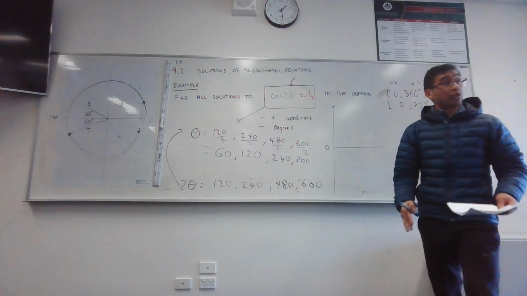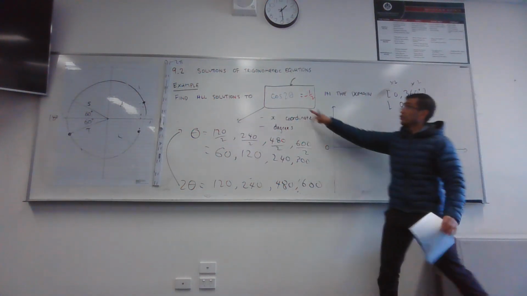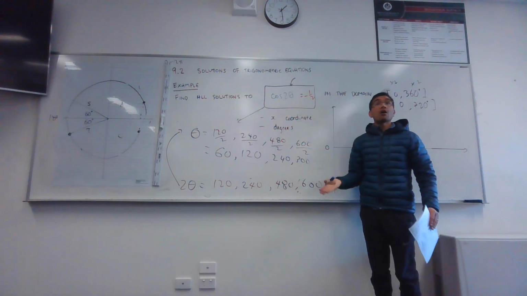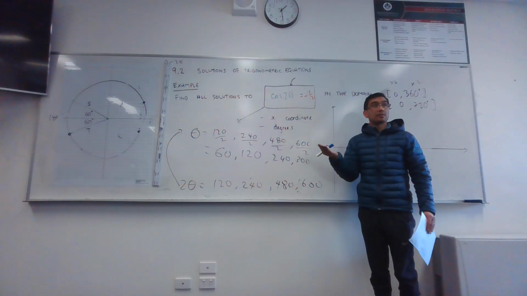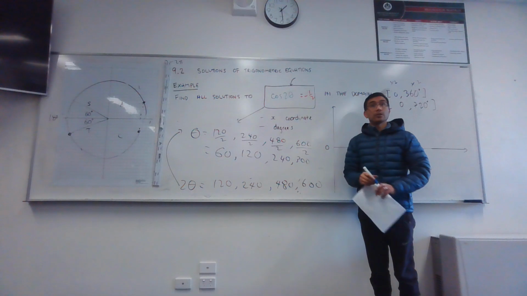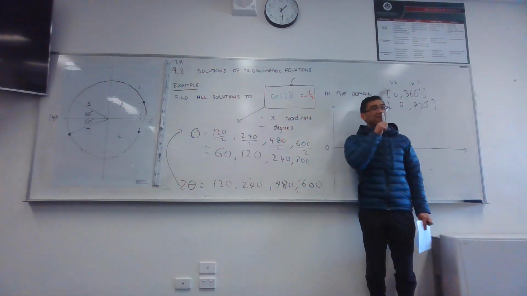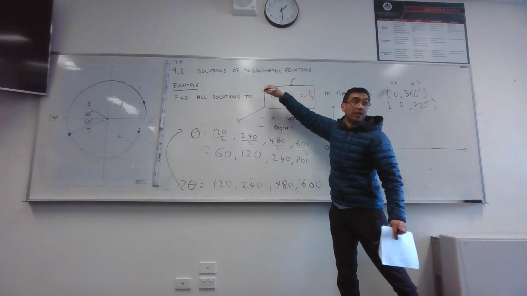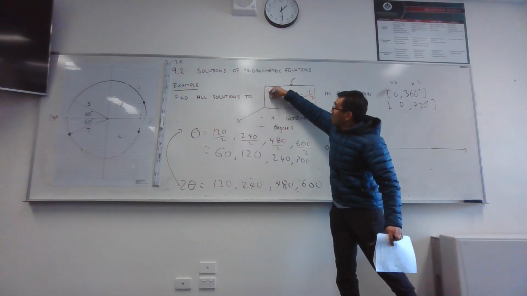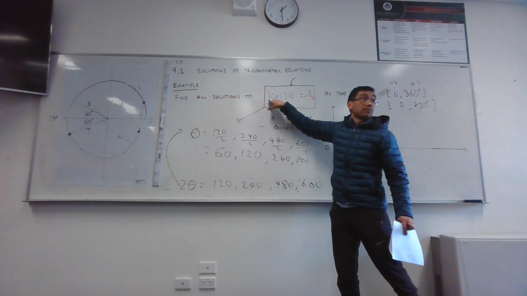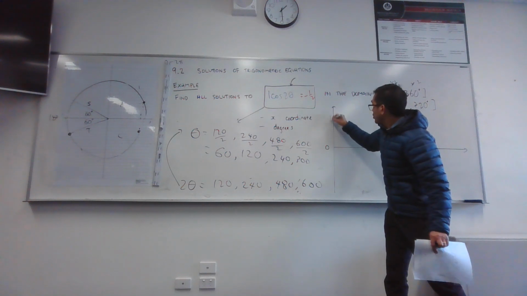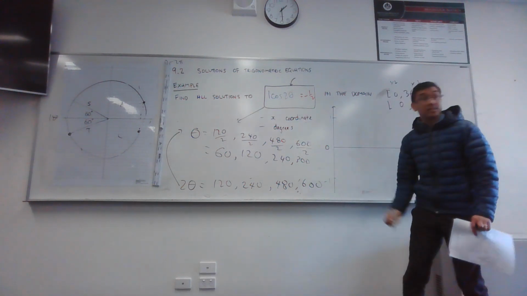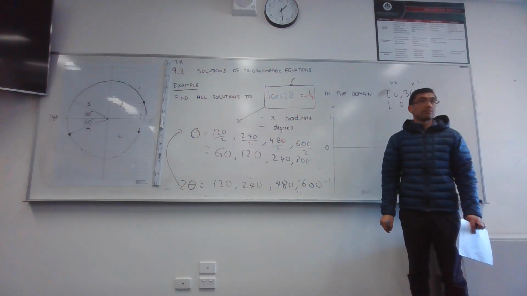Now, from what you know about cosine 2 theta, let's look at the blue. How high is cosine going to start? At 1. The amplitude here is a 1. So we are knocking off 1 and negative 1 as our boundary.